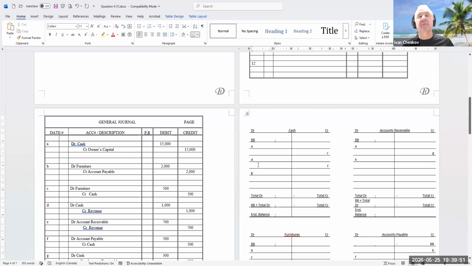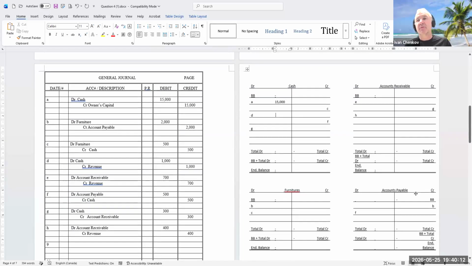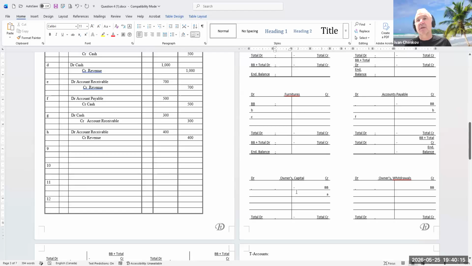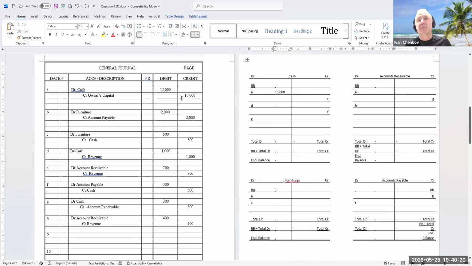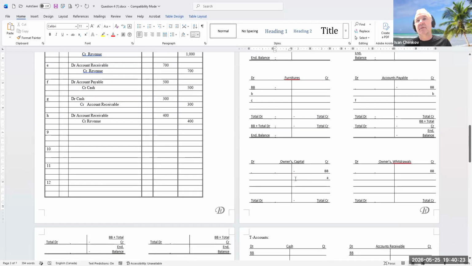And then starting transaction, the first transaction, letter A. What's happening in letter A? The owner invested $15,000 cash. So let's put here the $15,000 cash. That's letter A. And now debit cash. Then we're going to have credit owner's capital. I have to scroll down and find where the owner's capital is, right here, beginning balance zero, owner's capital, 15,000 credit, going here in this account.